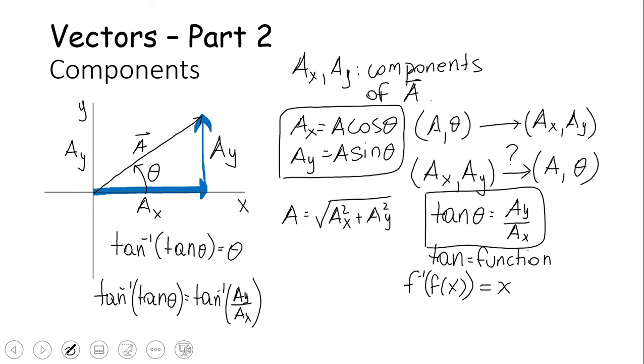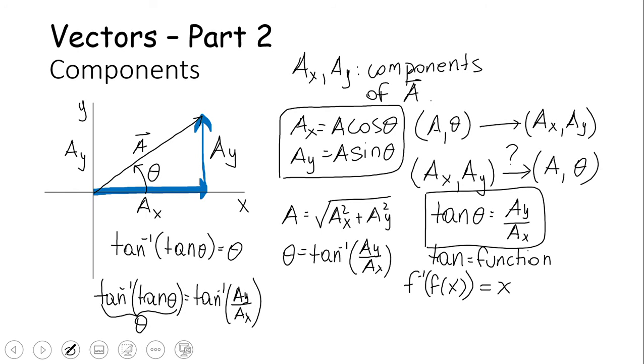But we just said that the inverse tangent of a tangent is the inverse function of the same function, which returns the argument, so the left side is theta, and that tells us that theta is equal to the inverse tangent of Ay over Ax.